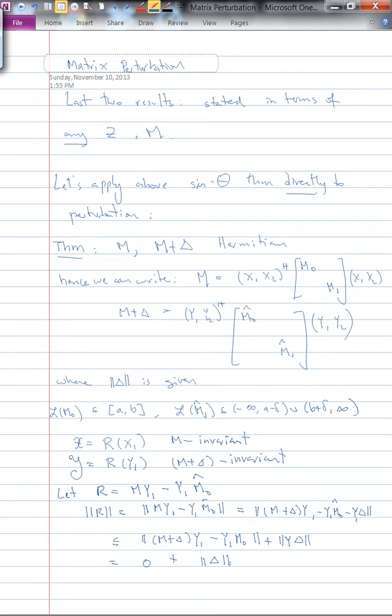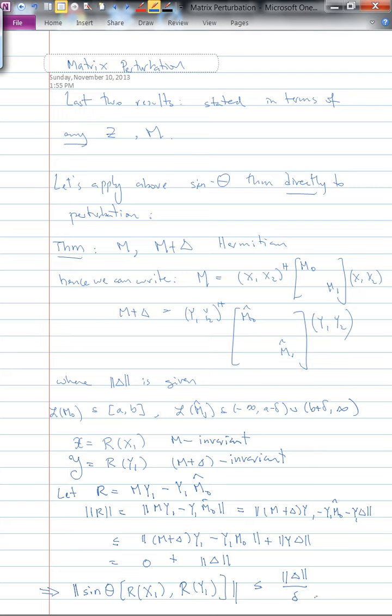So therefore, just applying the above result directly, we get the following conclusion, namely that the largest sine of the canonical angle between X and Y is bounded by delta over delta.